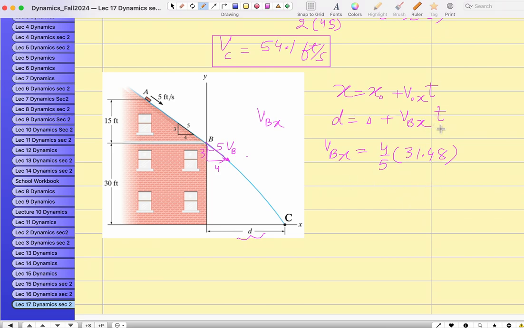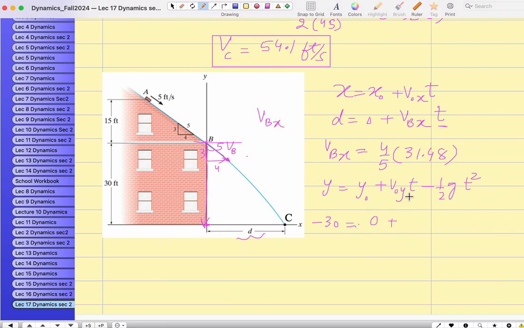Now in order to find the time, let's use the distance formula for the y direction. If you consider this is point B and this is point C, this is my datum line. Going down is -30, because from B to C you have to go 30 feet down, and y0 is 0.